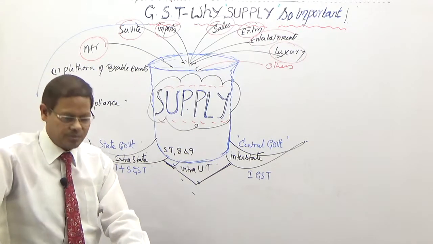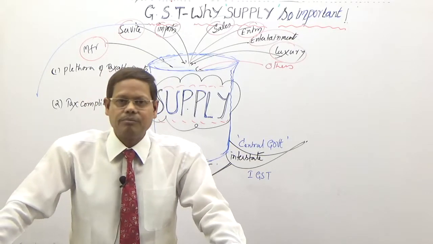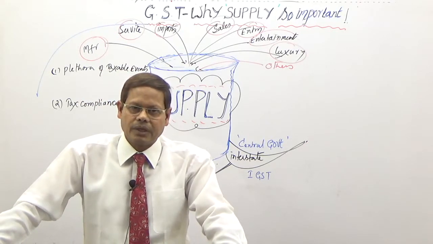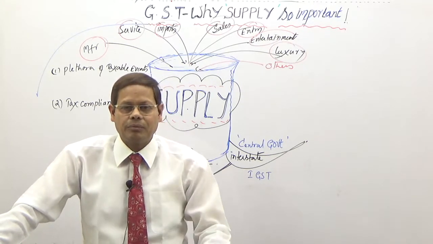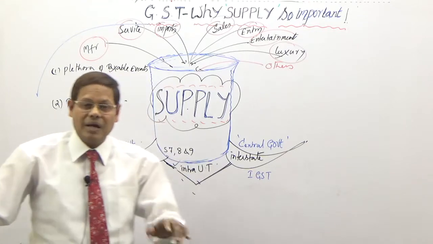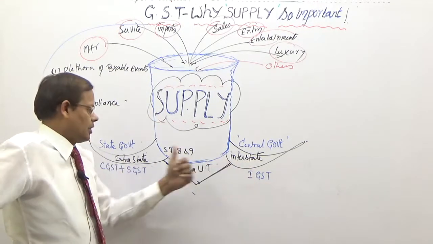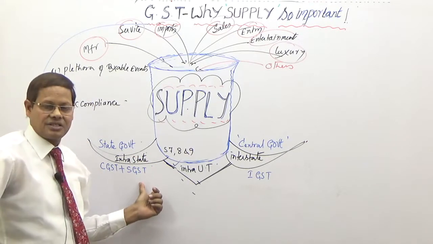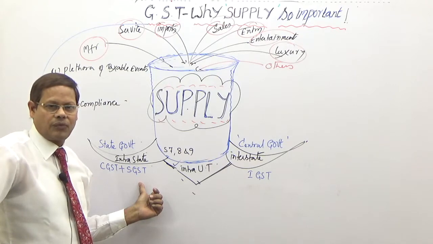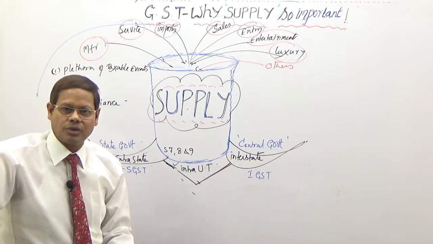So nature of supply is important, because you know the draconian but inevitable principle under the new GST is, just to get my point. Suppose by mistake in an interstate transaction, you have treated it as intrastate and you have paid CGST and SGST. But one fine day you came to know, or the department brought it to your notice, either way.